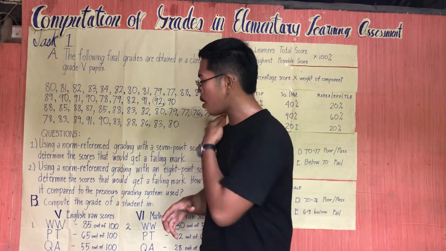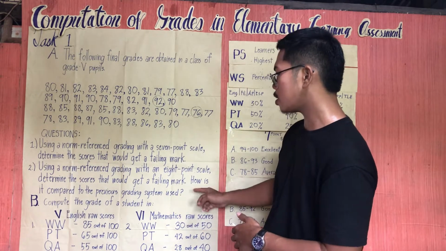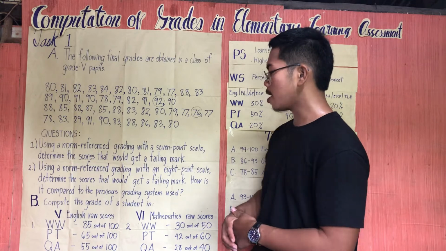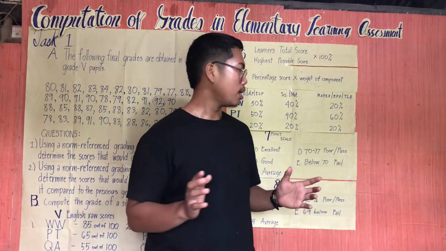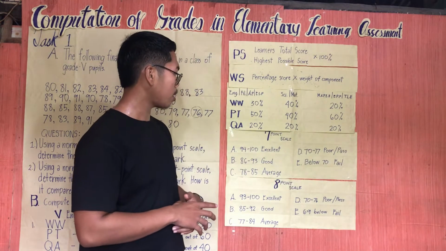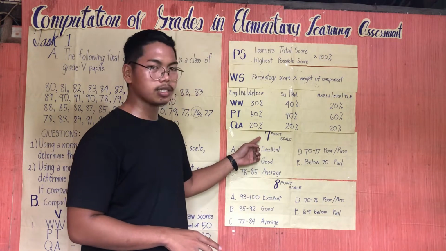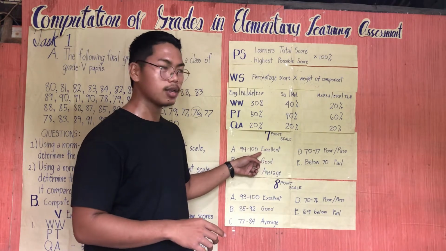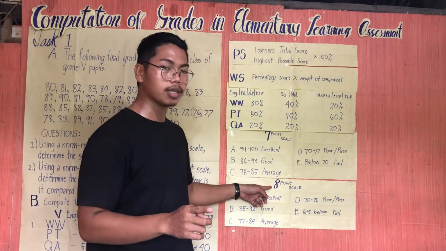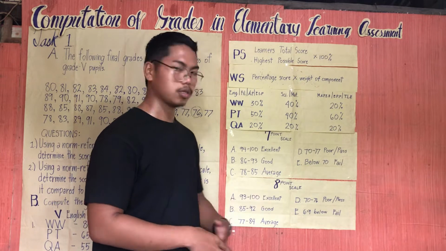Then for the follow-up question, how is it compared to the previous grading system used? There is a big difference between the 7-point scale and the 8-point scale, because in the 7-point scale there are 7-point gaps, and in the 8-point scale there are 8-point gaps.